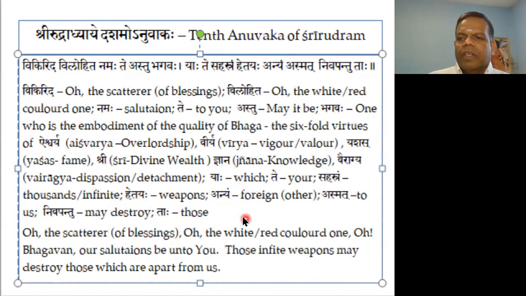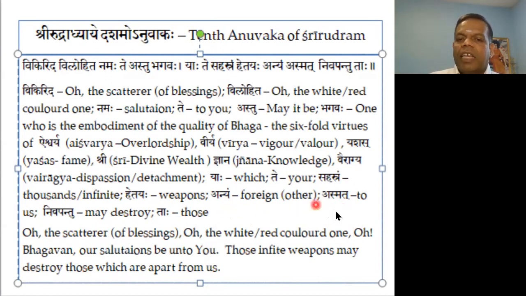Anyam. Some of the commentators have put our enemies. Anyam means one who is an outsider, a foreigner, other, who is not ours. In Tamil we say Anya, meaning that which is from somewhere outside, that which does not belong to us.